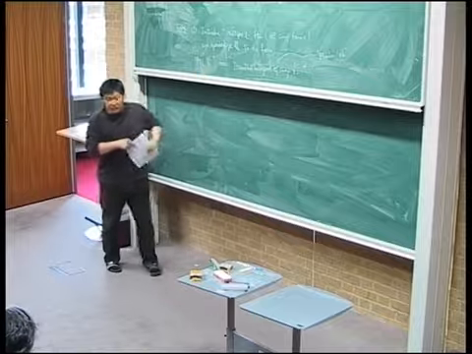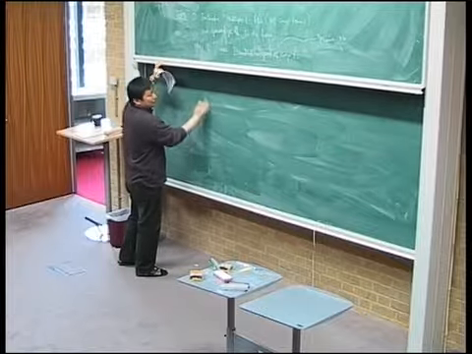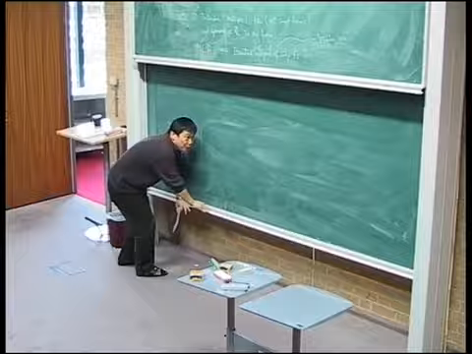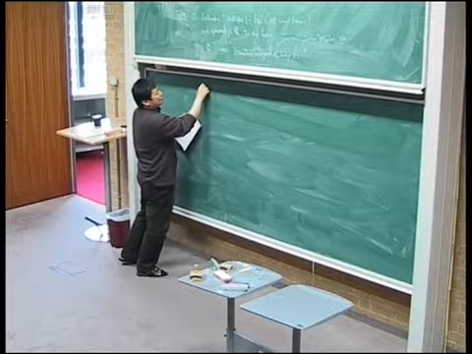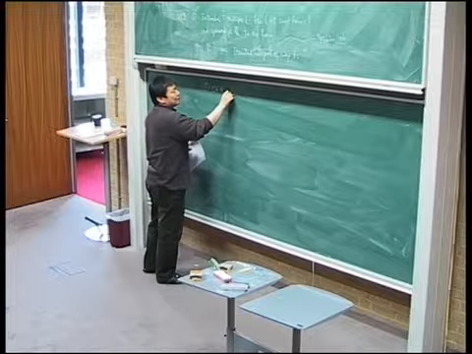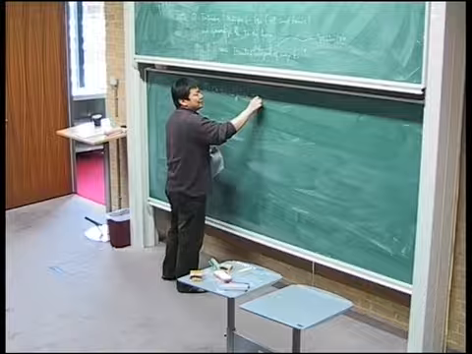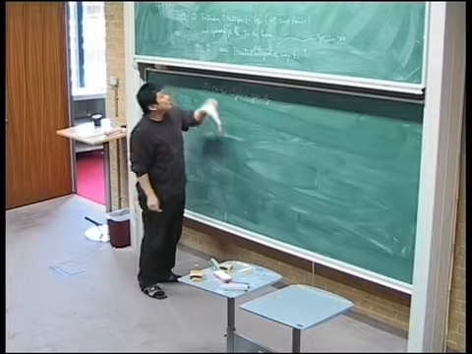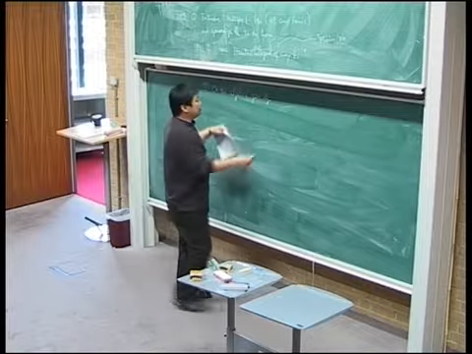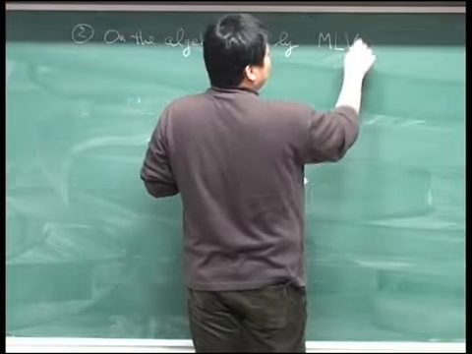So the second topic is the algebra structure generated by special values of multiple L functions. We just call them multiple L values.